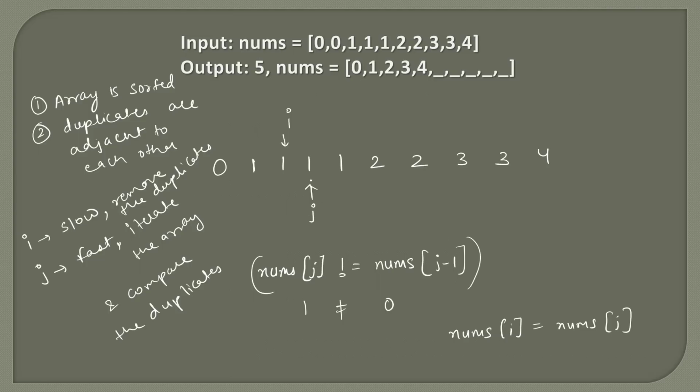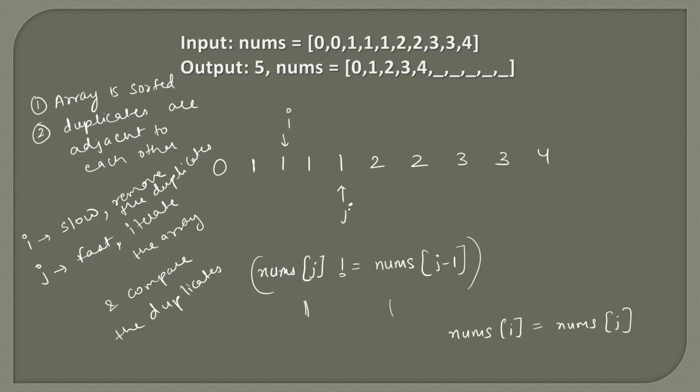So the purpose of j is to simply traverse the array one element at a time and compare the current integer with its previous integer. Now value at jth index is 1 and value at j minus 1th index is also 1. So they are equal, so this condition comes out to be false and we do nothing and simply move j one step ahead, because we didn't find any other unique element that we can replace with ith index.